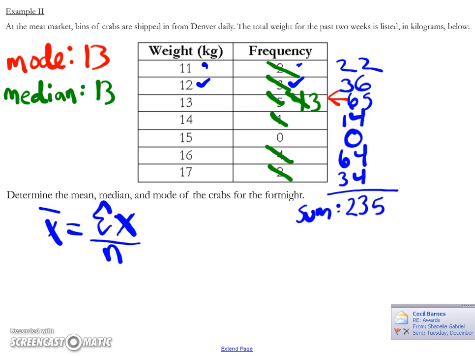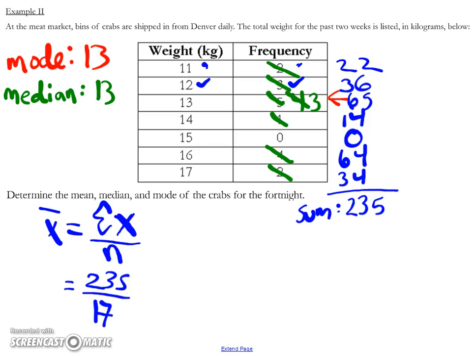So because it's 235, that is the number that I'm going to write over here, 235. And pause the video and go back and get it if you're uncertain as to where these things came from. Now, if I add up the frequencies, 2 plus 3 plus 5 plus 1 plus 0 plus 4 plus 2, I get 17. Again, that number n is the total sum of the frequencies.